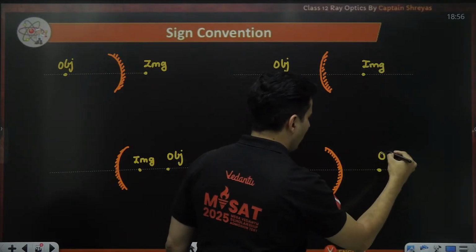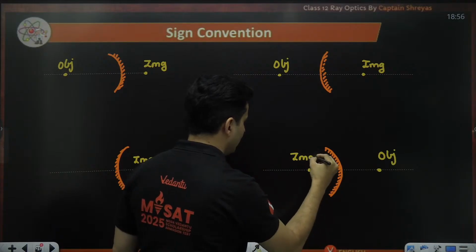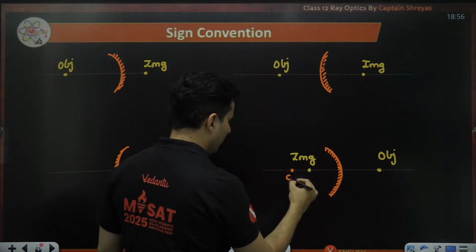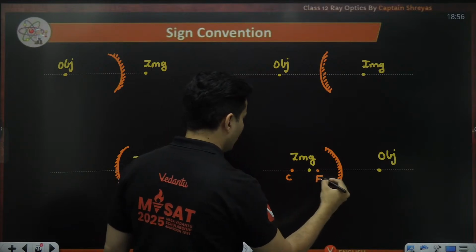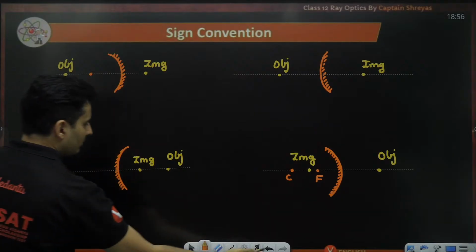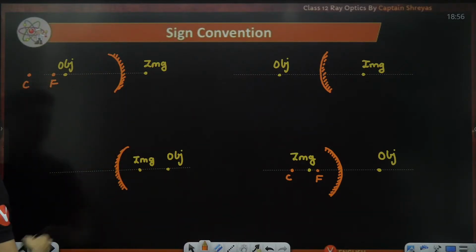Then I say this is the center of curvature. This is the focal point. Let's say this is the focal point, and let's say this is the center of curvature.